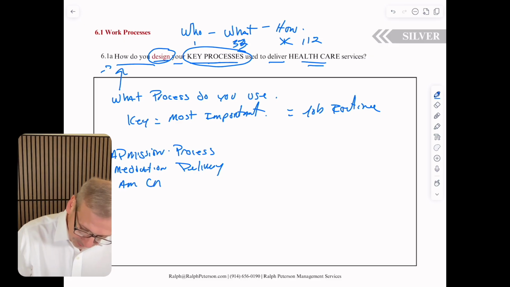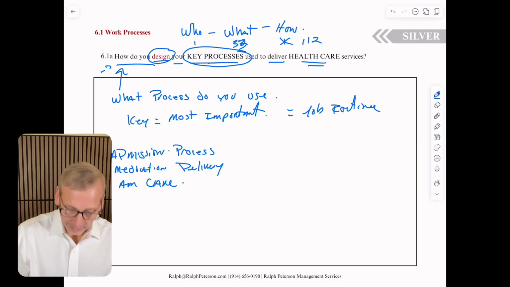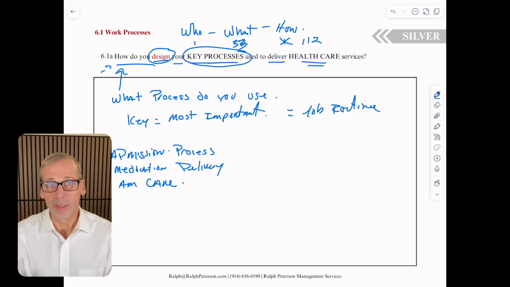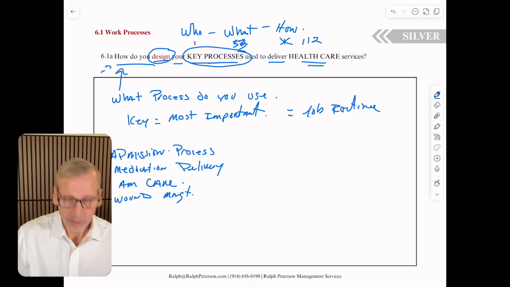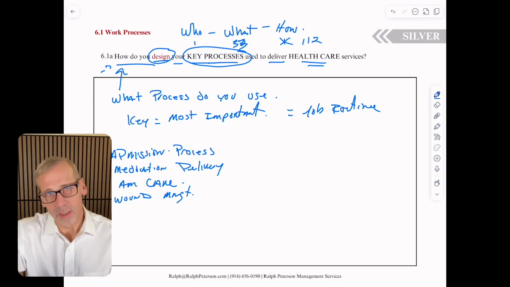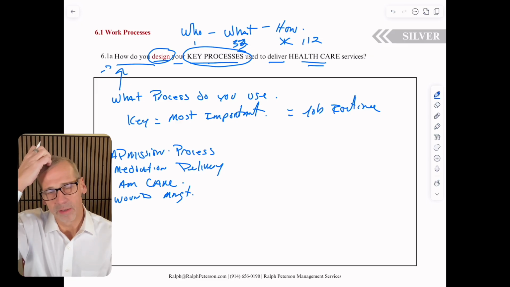AHCA is a key process we use to deliver healthcare services. Wound management is a key process we use to deliver healthcare services. You're seeing this, I hope. I hope you're understanding this.